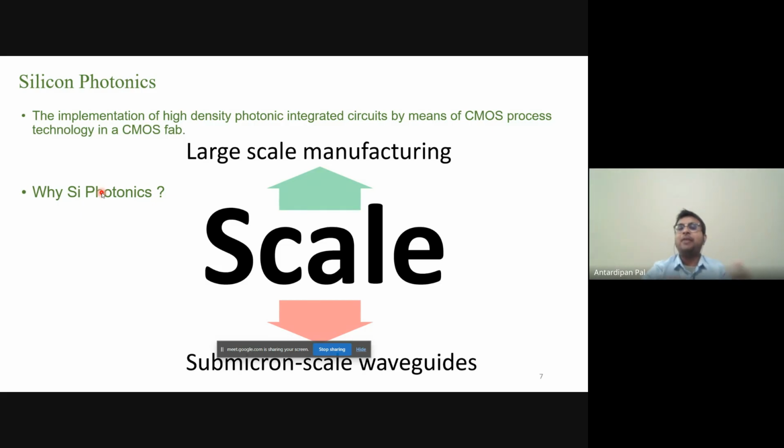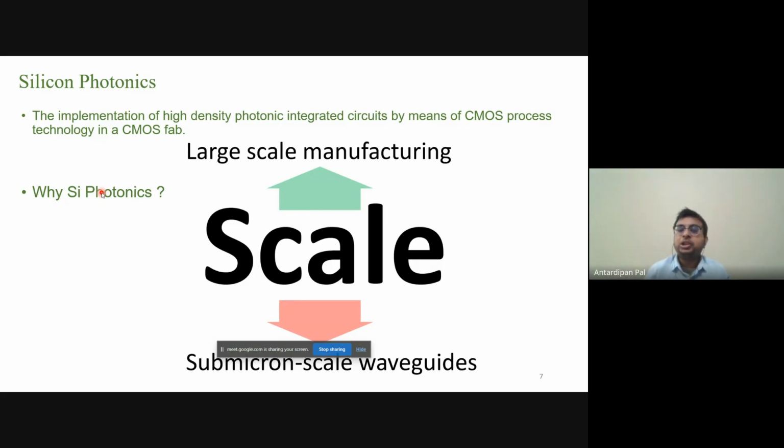Like we have the CMOS, silicon CMOS, right? All the electronics, majority, I won't say all, say around 90% of electronics are made from silicon till now. So if you could do some optical devices using the same material which is used in electronics, we can integrate it together without having problems.